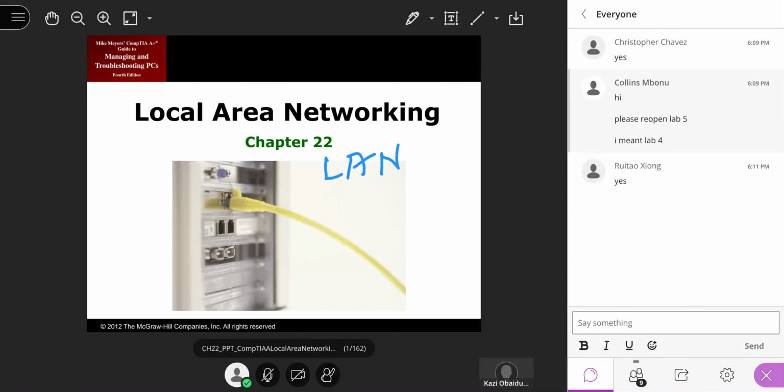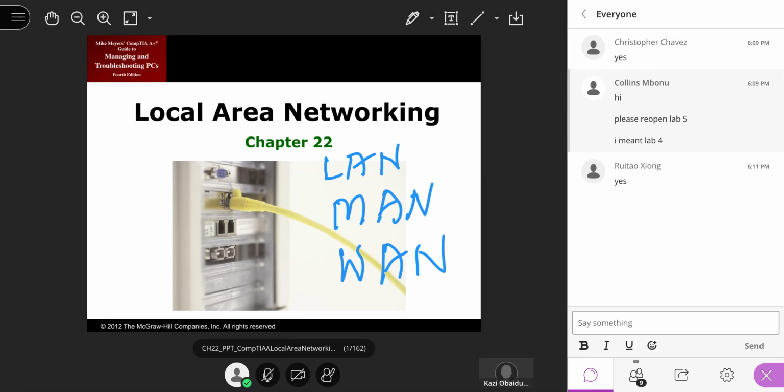LAN means local area network, and what is the MAN? Metropolitan area network. And then the WAN, wide area network.